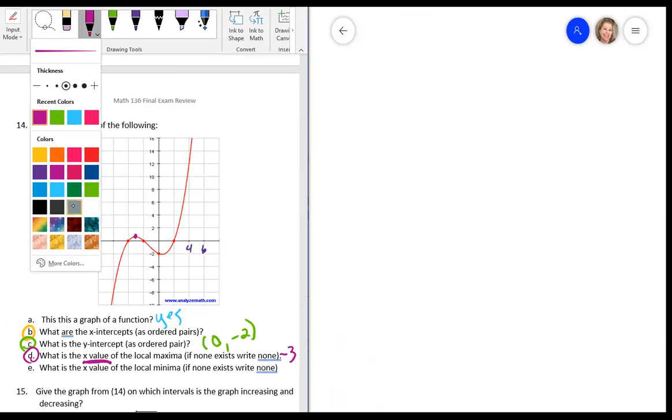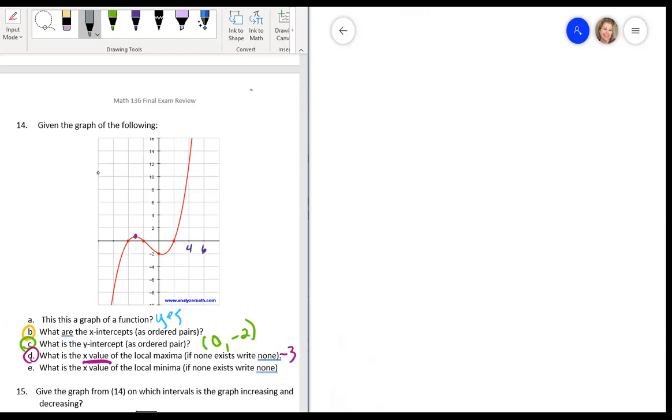And then the next one, E, what is the x value of the minima? And the minima would be this curve here. So I'm looking at about right there. I'm going to say 1/2. I'm estimating there. It's not a very good picture, so 1/2.